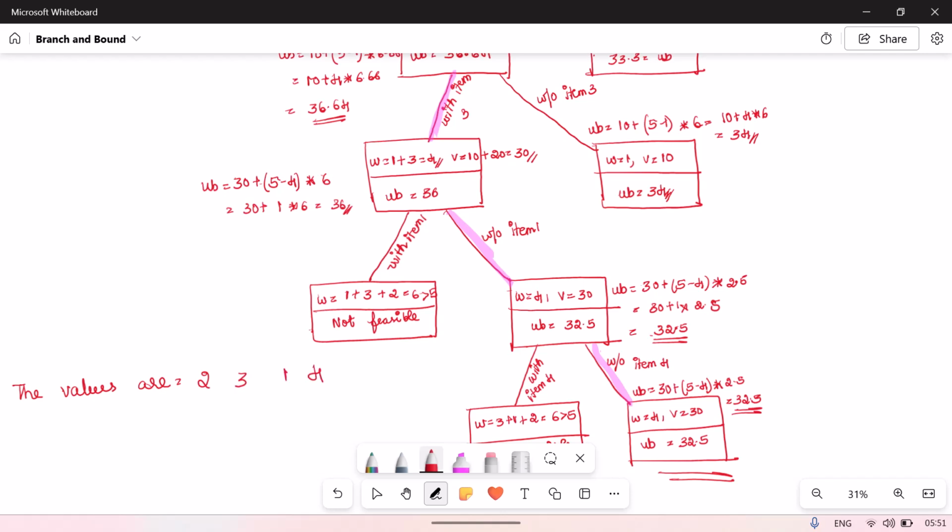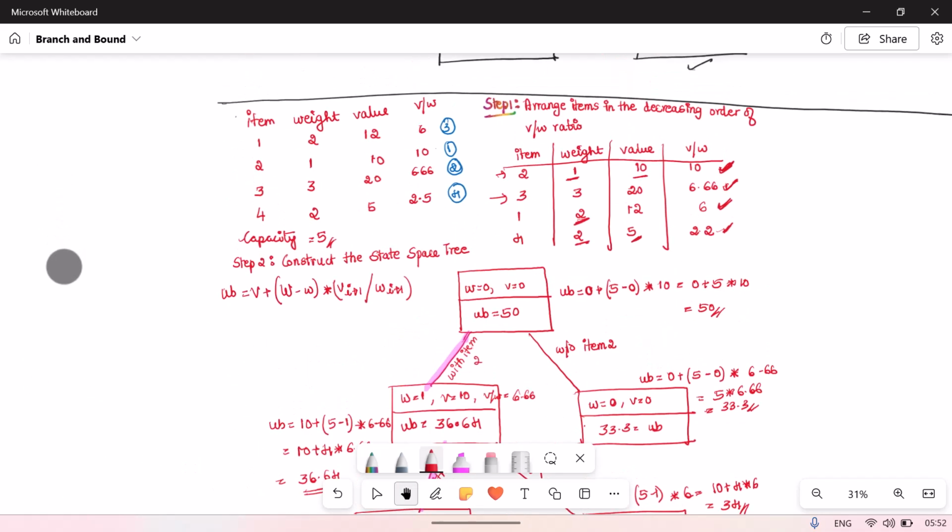This was the order, correct? These were the items order. So 2 was included, so here you will put 1. 3 also was included, so this is 1. Item 1 and 4 are not included, so 0. And the subset is 2, comma 3. So this will be the solution.